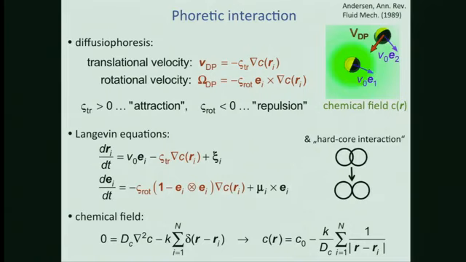We neglect any time dependence because we say that the diffusion of the chemical field is so large that it goes instantaneously. And this is the solution to this static diffusion equation.